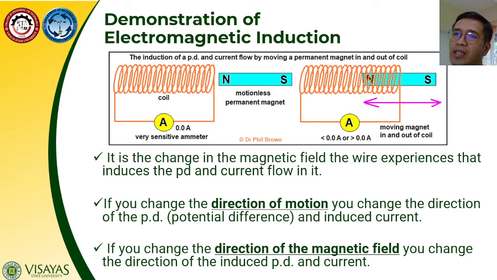We also have to take note that if we keep on moving the magnet in and out of the coil, we produce a continuous alternating current, or kanang AC nga gitawag, alternating current. So this is the principle by which an alternator works. But in the alternator, we keep the magnet stationary and we keep the wire moving.